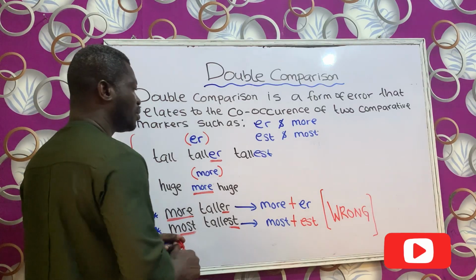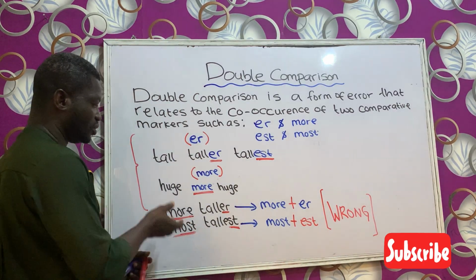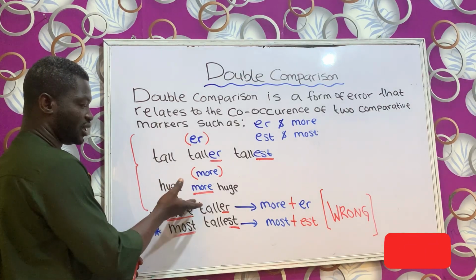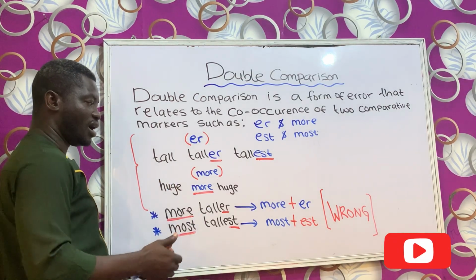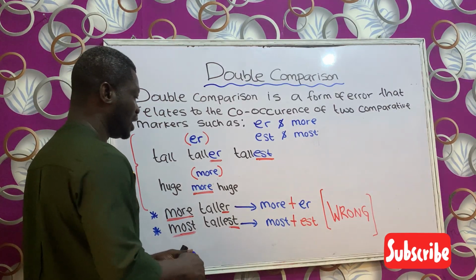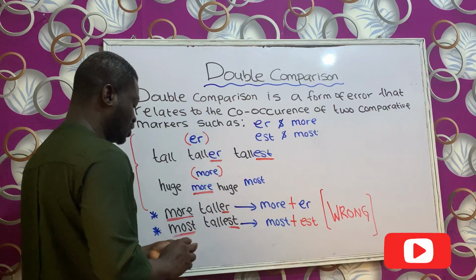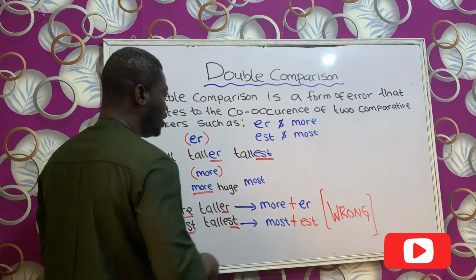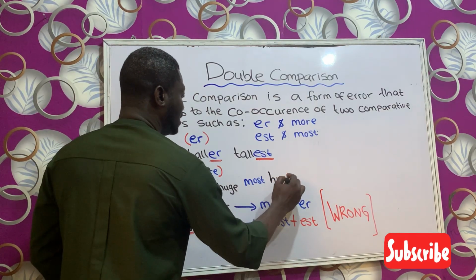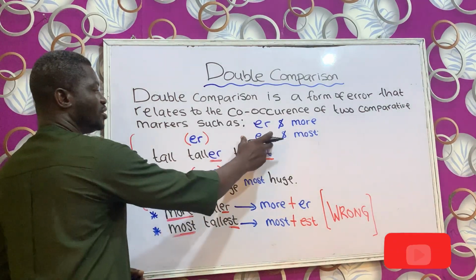But when we talk about double comparison, I still need you to pay more attention to this example. This is huge. Unfortunately, I wouldn't say huger. I can say more huge, and that simply means I could also say most huge. So let's write that on the board. I could also say most huge. So we can see this is the degree form, the comparative form, and the superlative form.